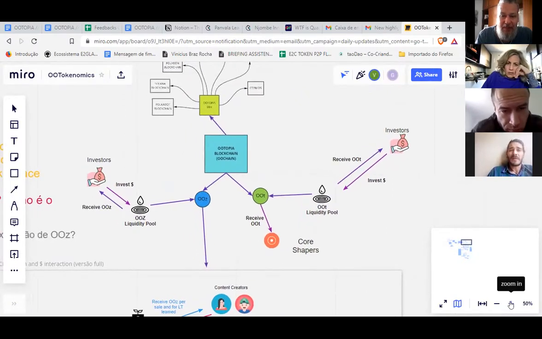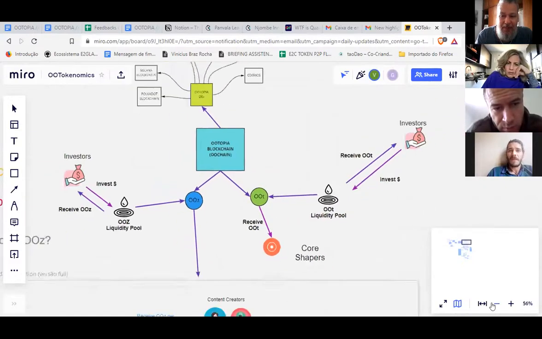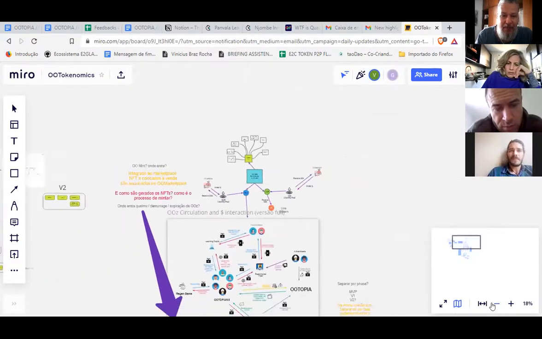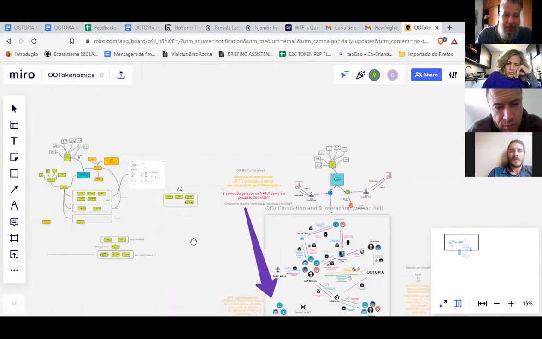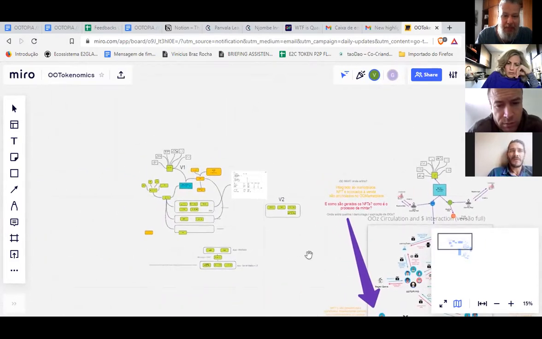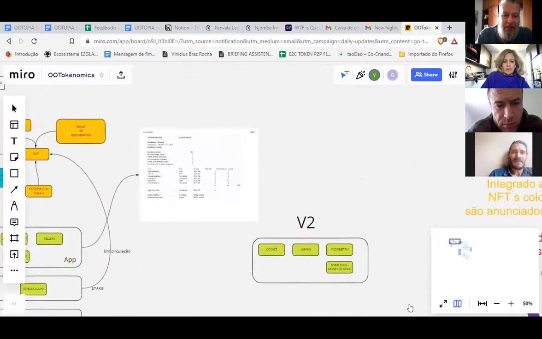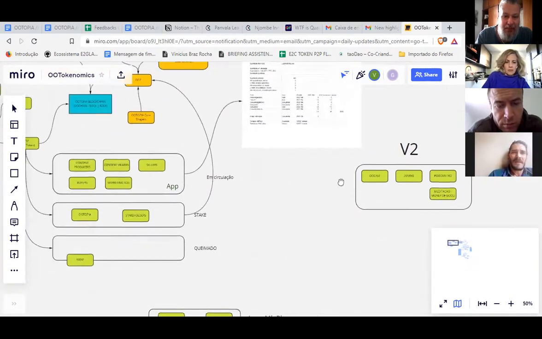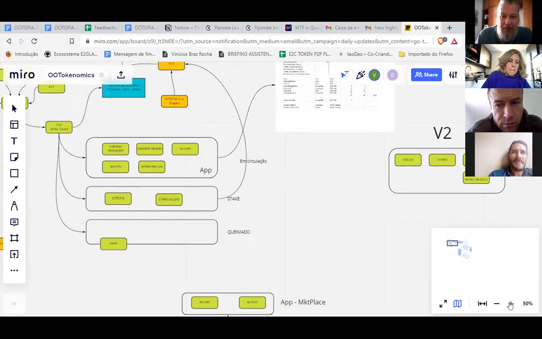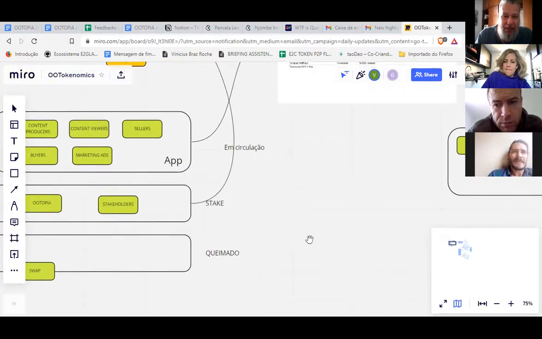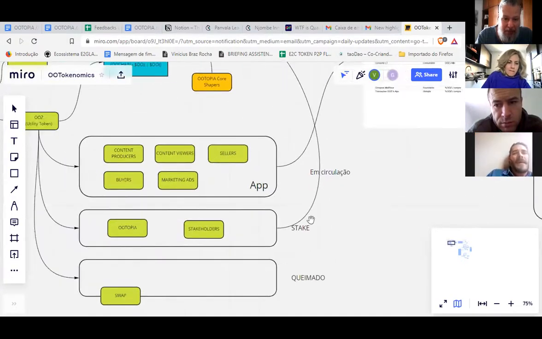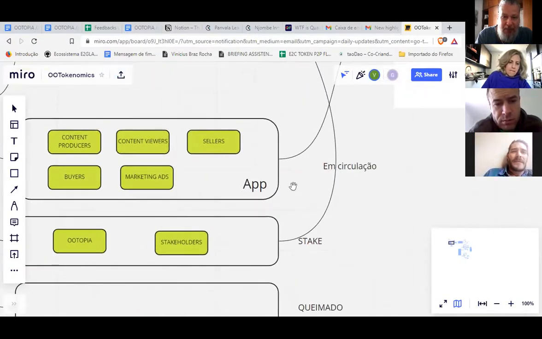Is the left one, Vinicius? The left one is the big picture, like the DEX. So we have an app, and right now we're working on this app layer.